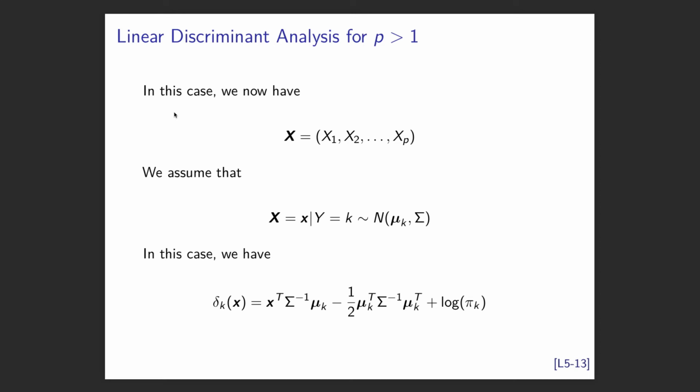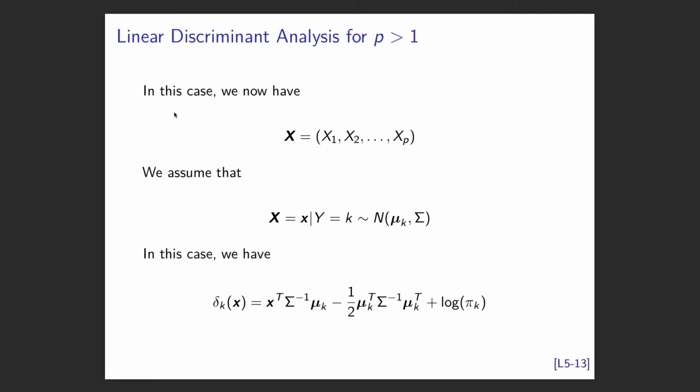It says the conditional distribution of my predictors x equals some observed x, given y is in class k, is a normal distribution with a mean of mu k, but now it's a vector of means, and you've got a variance covariance matrix.